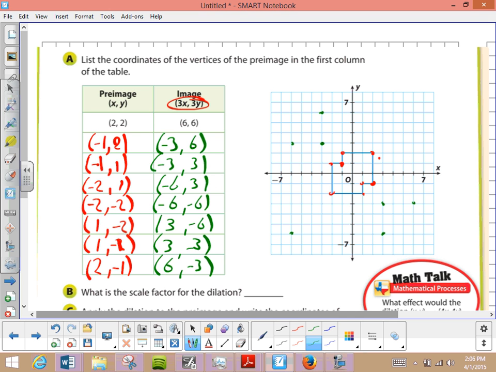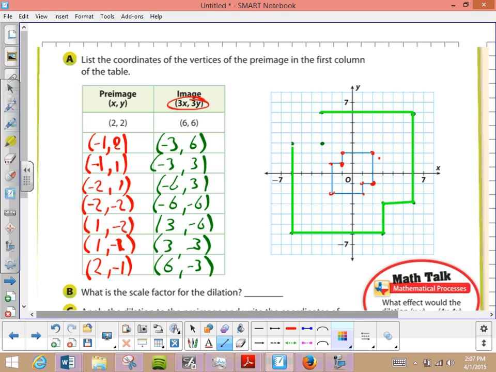I'm missing one point. 6 and 6, right? I already plotted. I just need to connect them. There we go. Now we have the dilation of the shape.